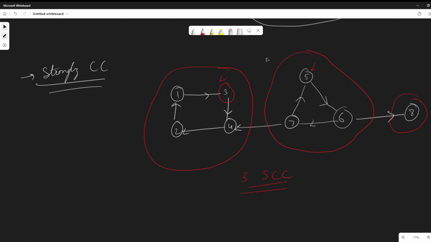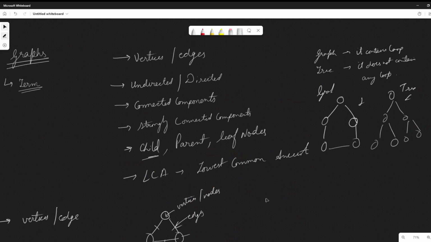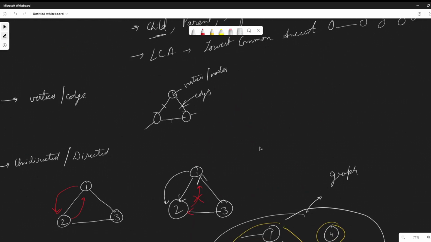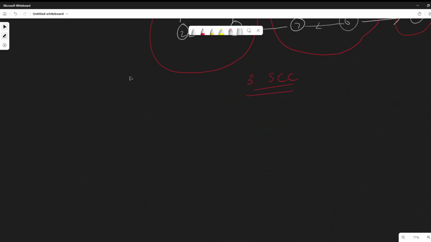Another term is child, parent, leaf node. It is similar to the tree. Let me revise again. What do you mean by child? If this is our graph, 1, 2, 3, 4, and 5, this is not a leaf node.